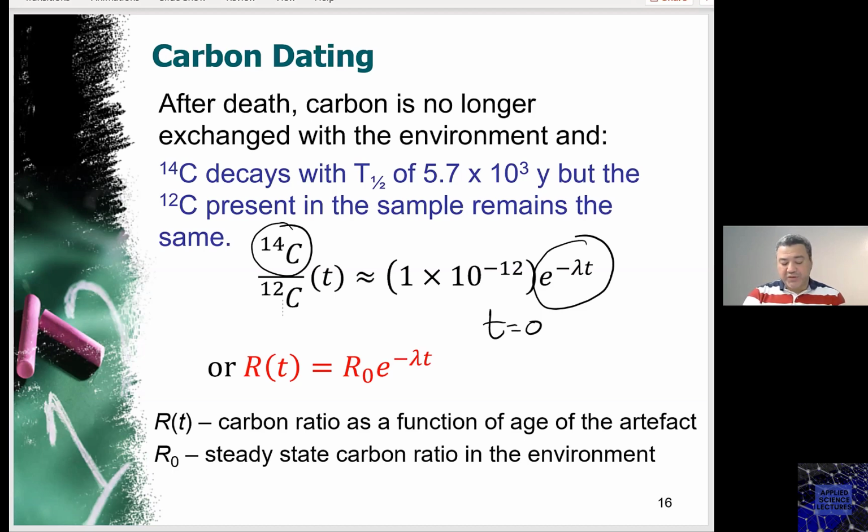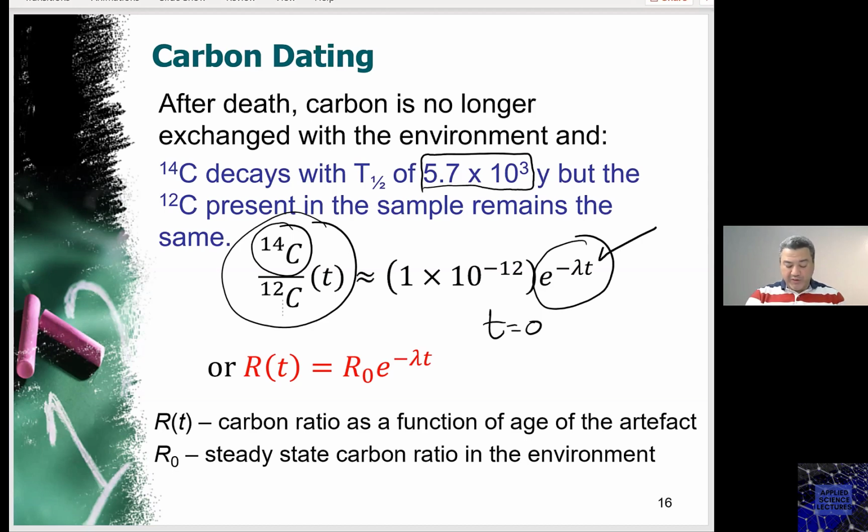Now, C14 decay half time is 5.7 times 10 to the power 3 years, 5,700 years. Measuring the ratio between the C14 and the C12, and substituting it in this equation, you should be able to find the time for when the death happened.